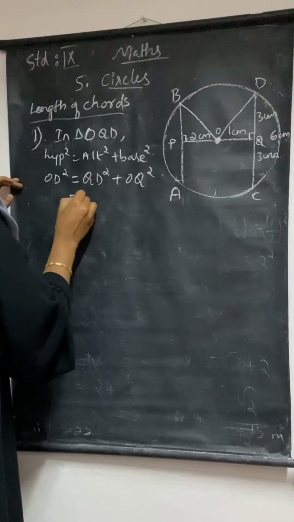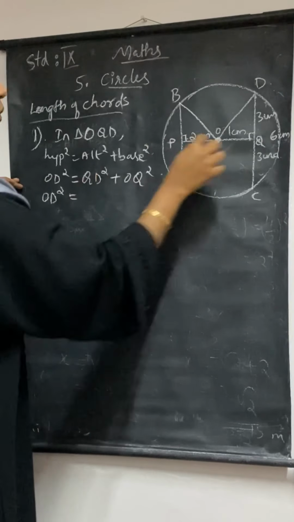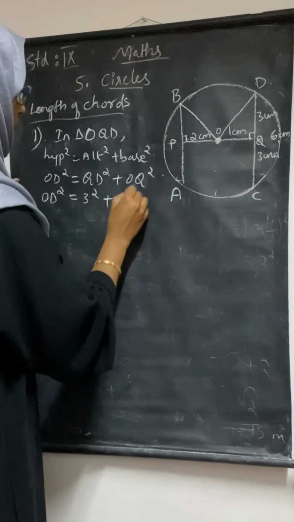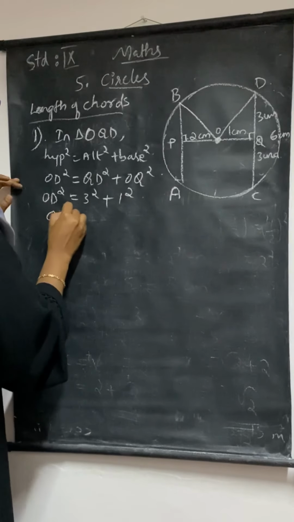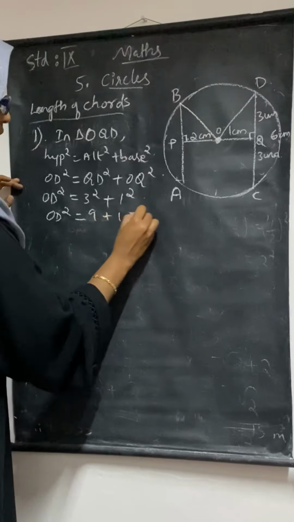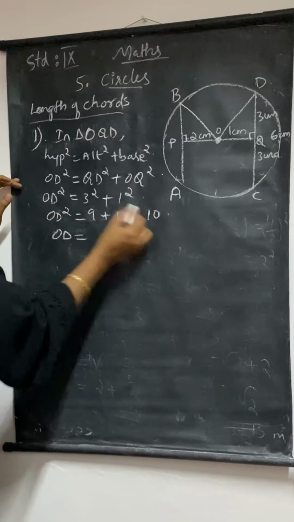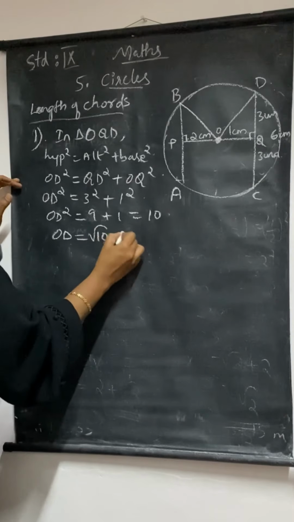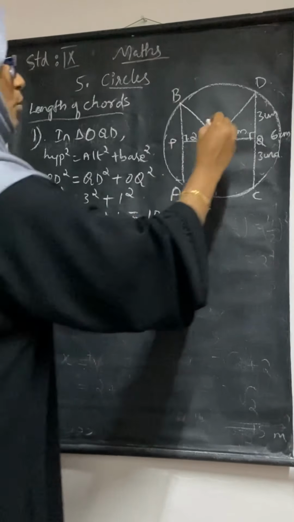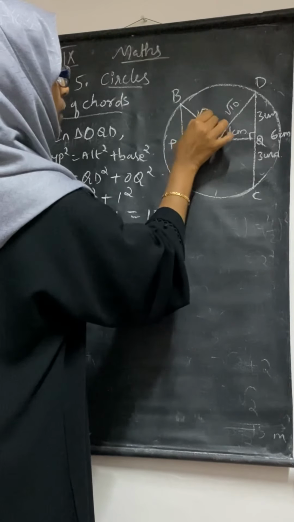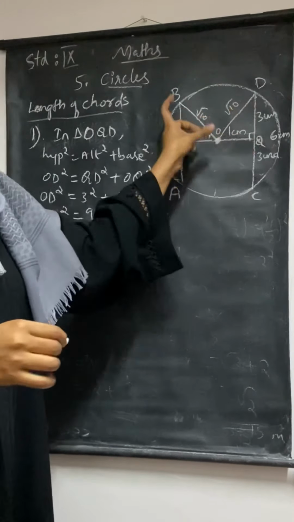QD is 3, so 3 square, plus OQ is 1 square. 3 square is 9 plus 1, it is 10. So OD square is 10, so OD is square root 10 centimeters. The same way, OB is also square root of 10, because OD and OB are radii.